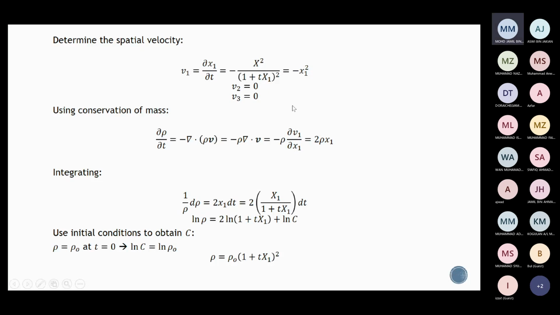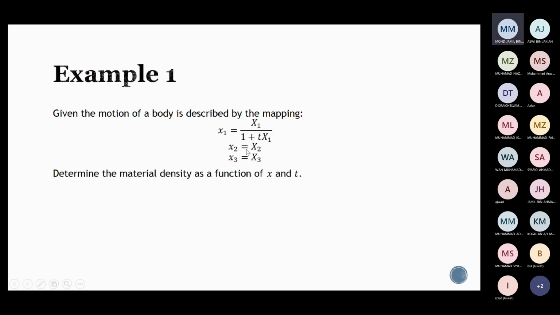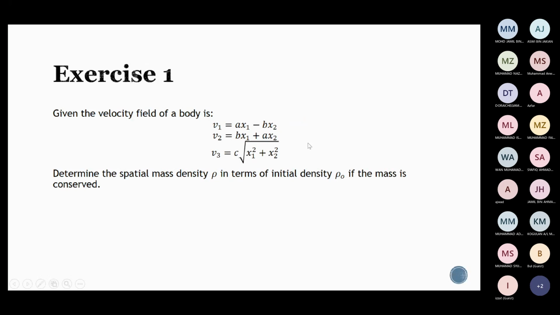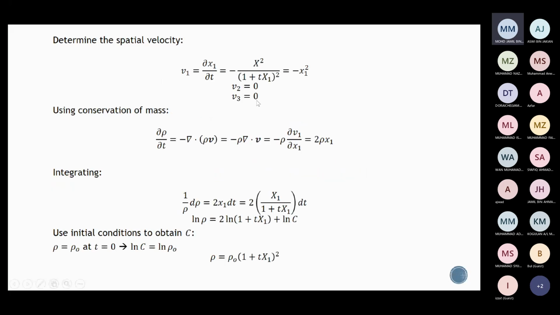And this is similar to negative small x1 squared. And then for v2 and v3, you differentiate x2 with time, and x3 with time. So here there is no time in x2 and x3. So basically the velocity is 0. Okay, so that's why you get zero velocity.